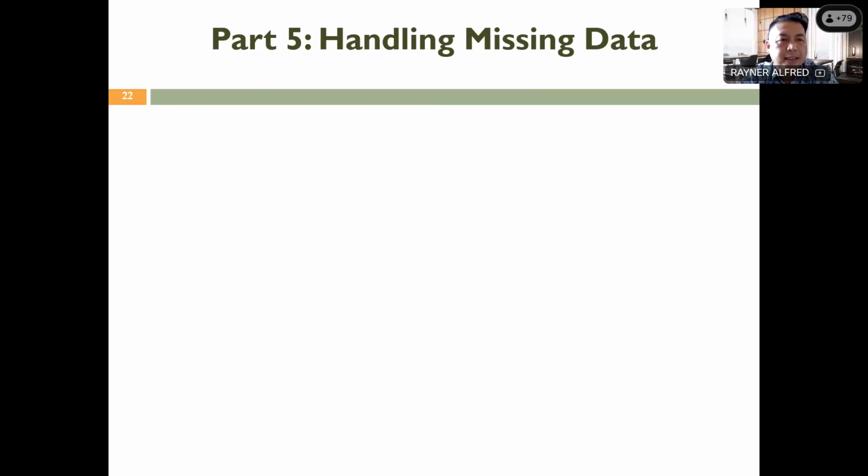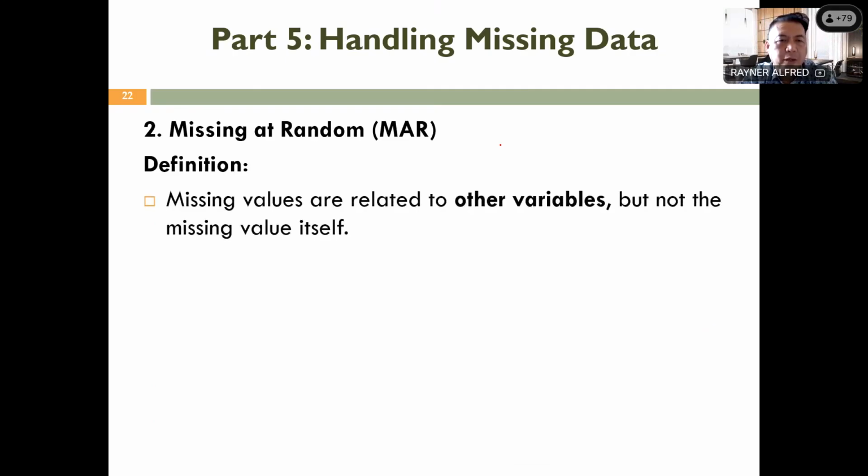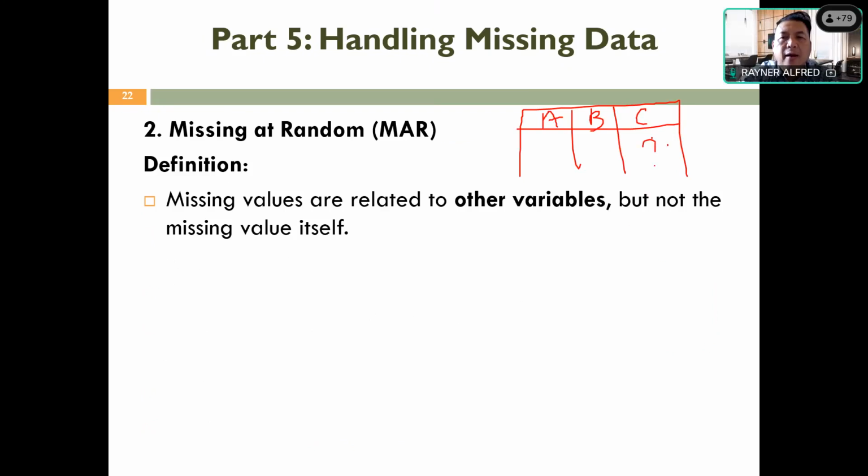Okay, the second part is missing at random. The definition is missing values are related to other variables but not the missing value itself. So meaning that if you have these variables a, b, c, the missing value is here. The missing value is due to the fact that it has something to do with the other variable here.